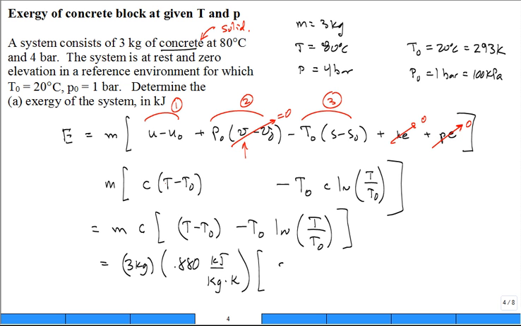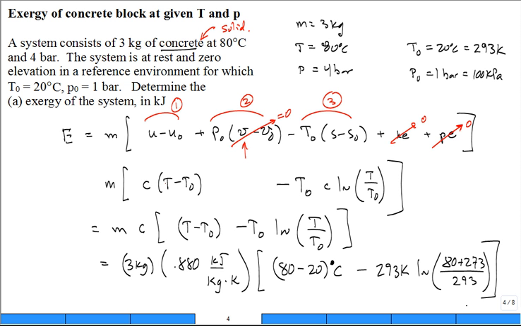So it's 80 minus 20 degrees C minus T naught, 293 Kelvin, natural log of T, which is 80 plus 273, divided by T naught, 20 plus 273, or just 293.